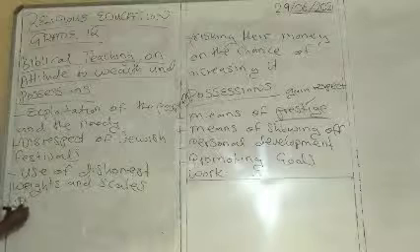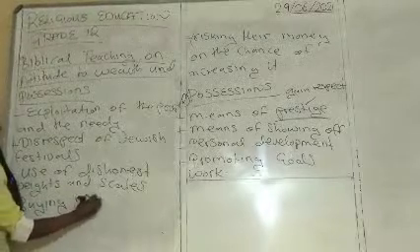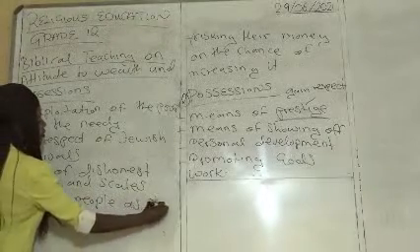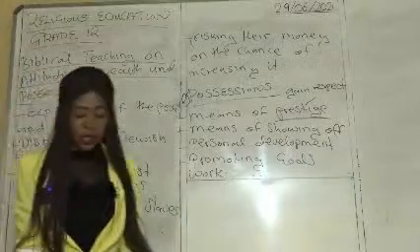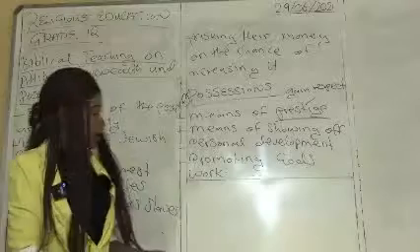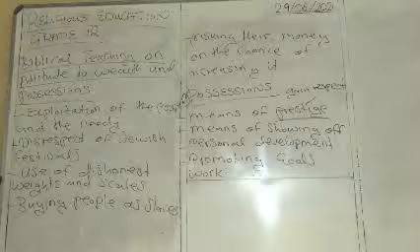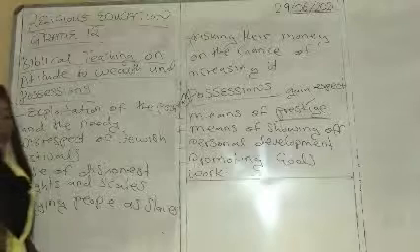Then the last one, the Bible discourages buying people as slaves. So these are the attitudes that most people who are wealthy have. But the Bible discourages exploitation of the poor and the needy, disrespect of Jewish festivals, use of dishonest weights and scales, and also buying people as slaves.